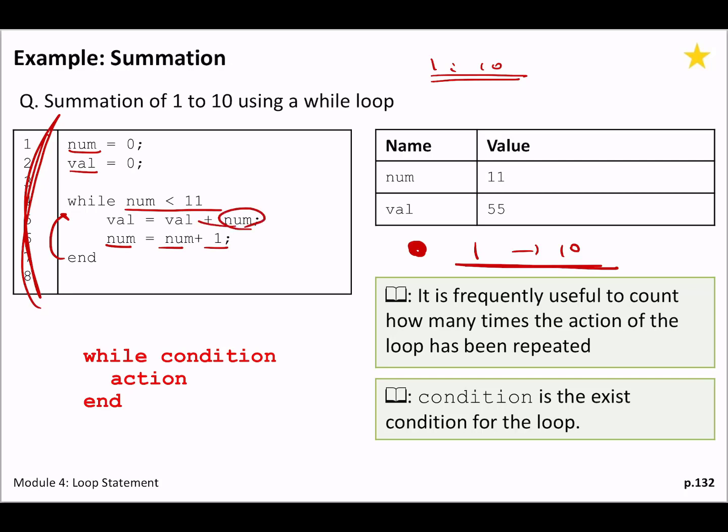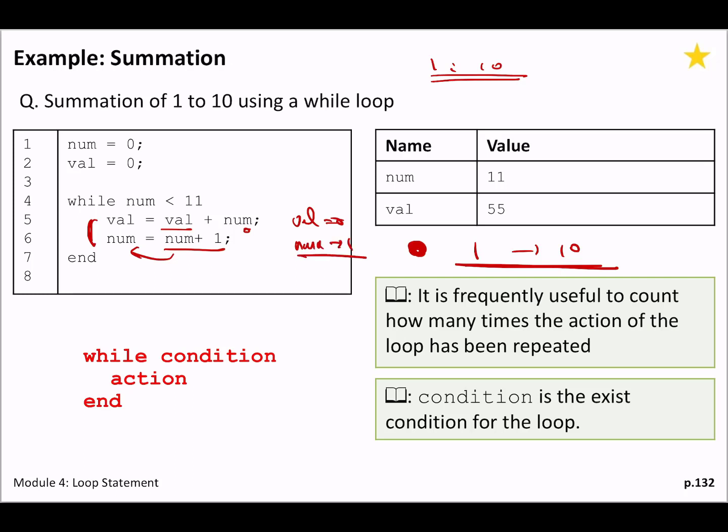Okay? For instance, when num is 0, the condition statement is true, right? So we perform this action and 0 is added to the value, and the value is still 0, but num becomes 1. If num is 1, the condition statement is true and then go up. And then 1 is added to the value, and the value becomes 1. And then num becomes 2, right?